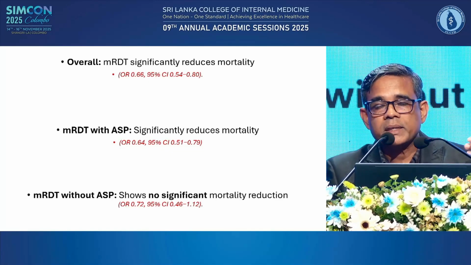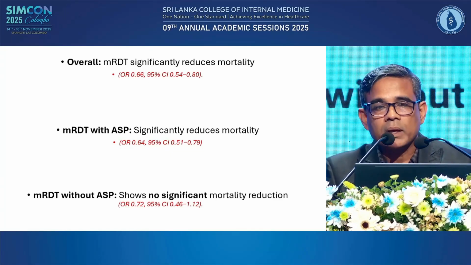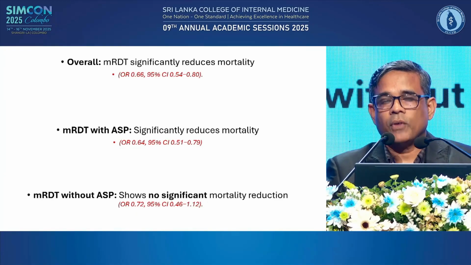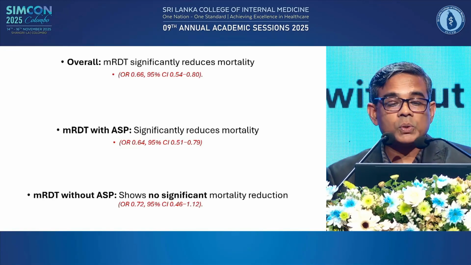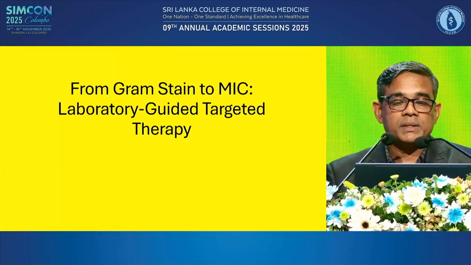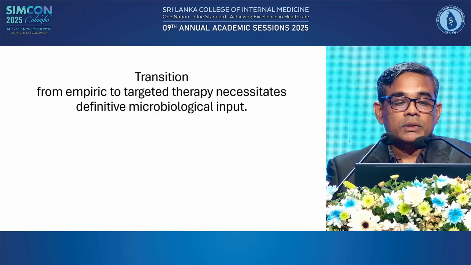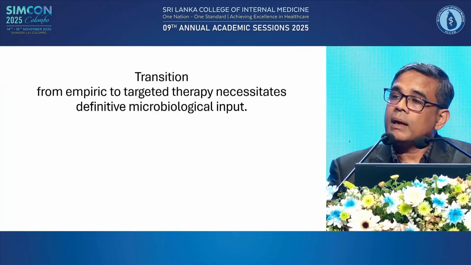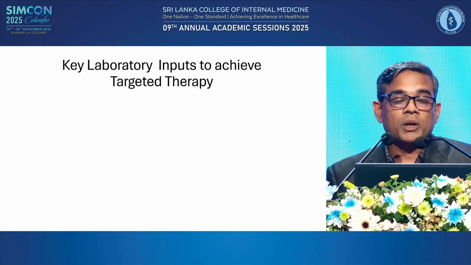It is not just an infusion of new technology, but you have to use the new technology with the objective of achieving antibiotic stewardship with all team members. So how are we going to transition from empiric to targeted therapy with definitive microbiological inputs?